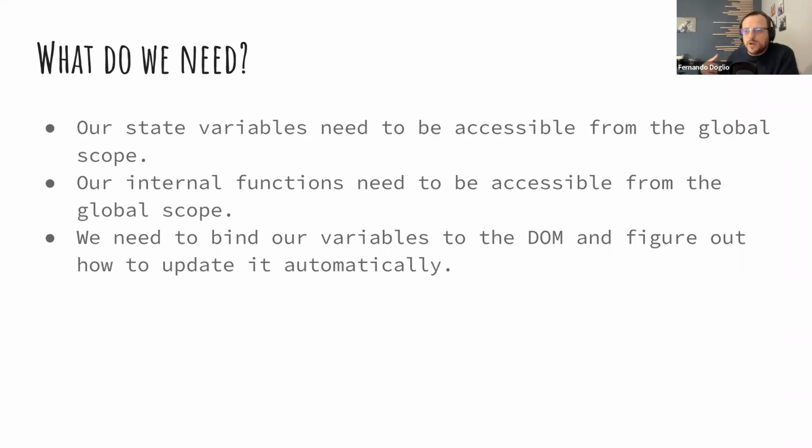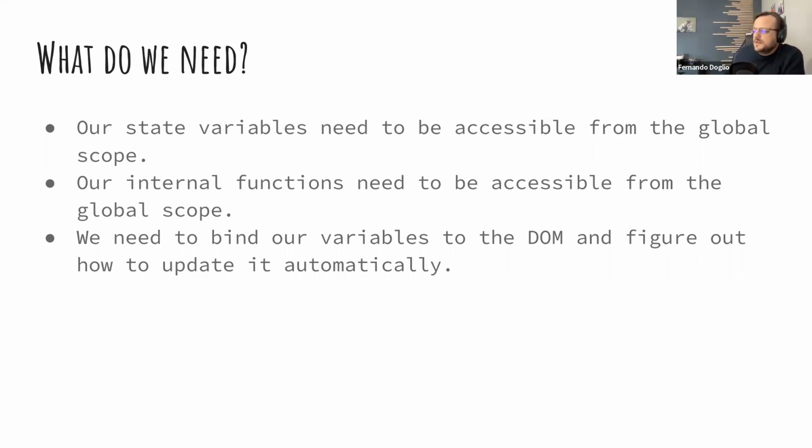So if I want the on-click events to work, those variables and those functions need to be accessible on the global scope. So that translates into state variables being accessible on the global scope, internal functions being accessible on the global scope as well. So the increase function, the reset function, and so on, they're going to be accessible, and so will the setter functions.